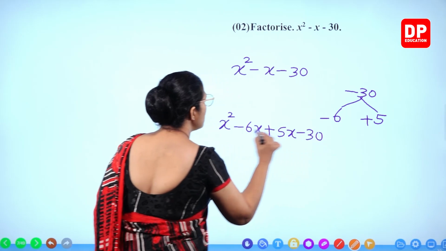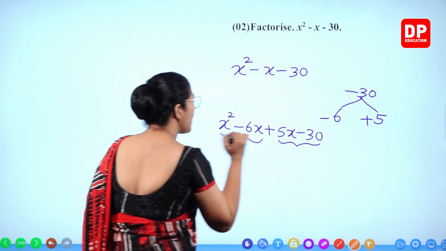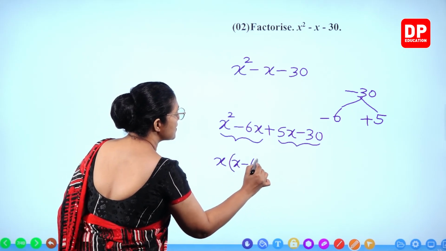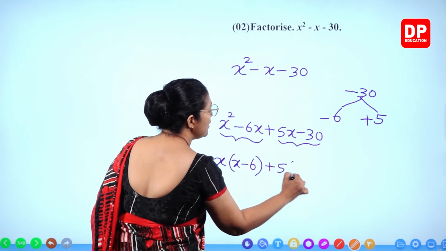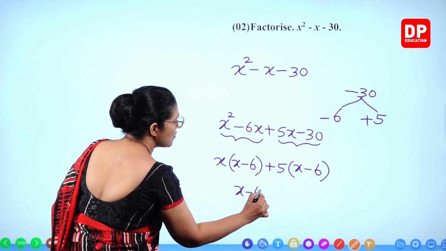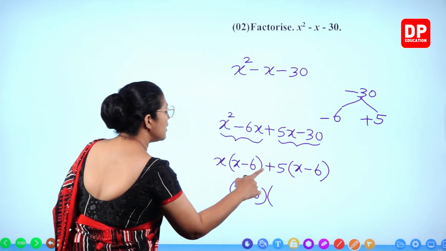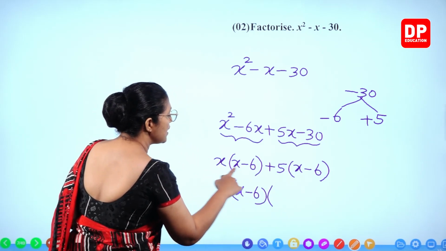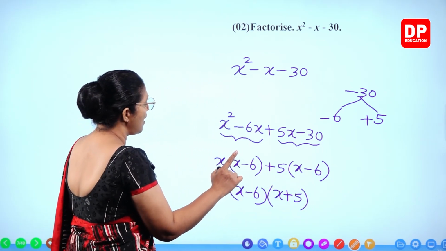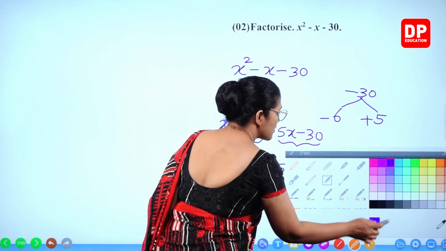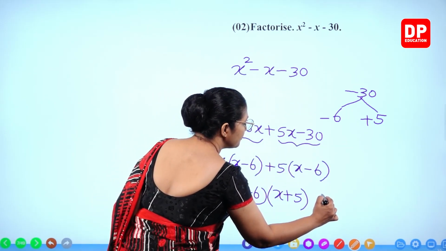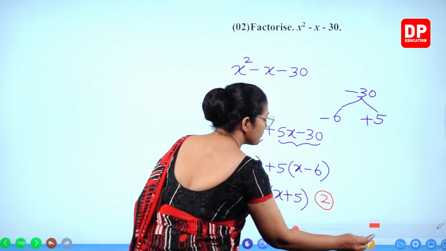Then take 2 terms at a time and factorize. x is common, x minus 6. Plus 5 is common, then you get x minus 6. Now you can see x minus 6 is common in both expressions. Then you get x plus 5 as the remaining part. So the factors are x minus 6 and x plus 5. You get 2 marks for that.